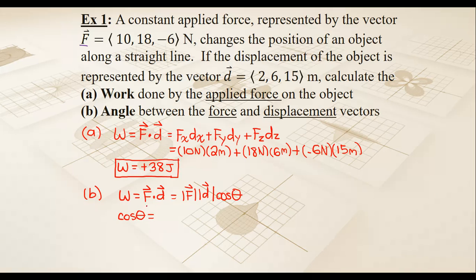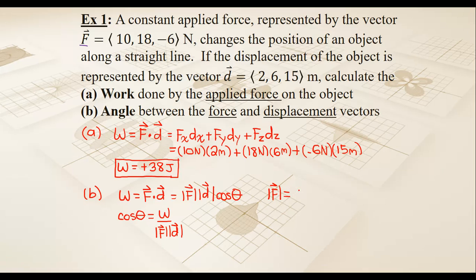Looking at work equals F D cosine theta, cosine of theta would be equal to W divided by F times D. I can't complete this calculation yet because I don't know the magnitude of the force or of the displacement, but we can calculate those. The magnitude of a three-dimensional vector is the square root of the sum of all the squares.